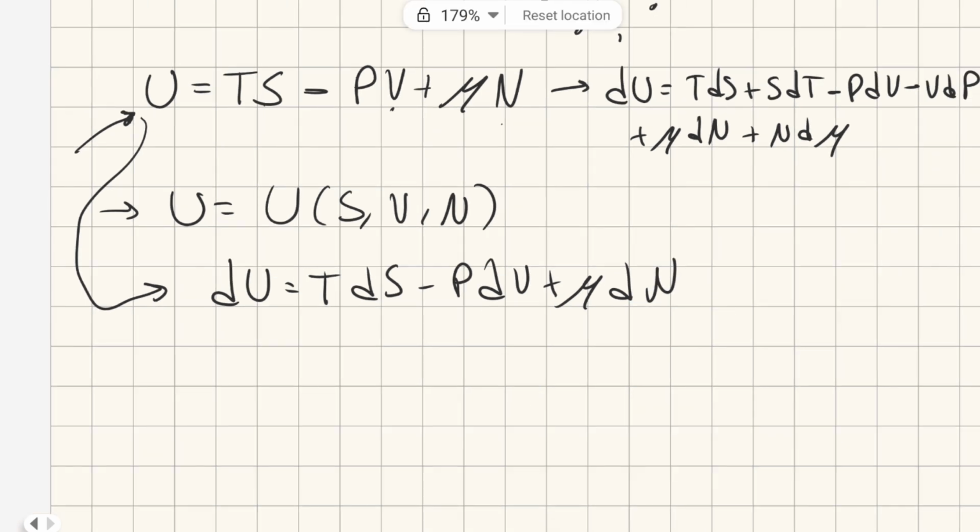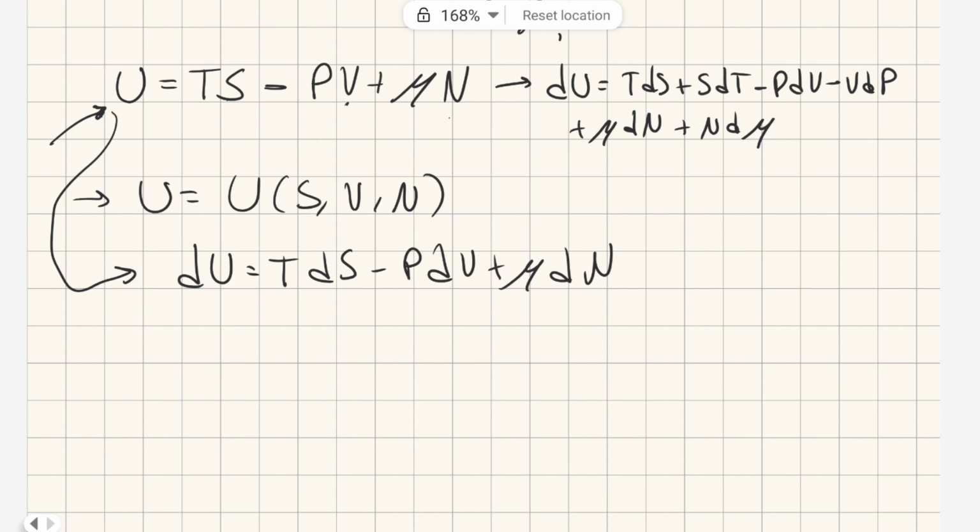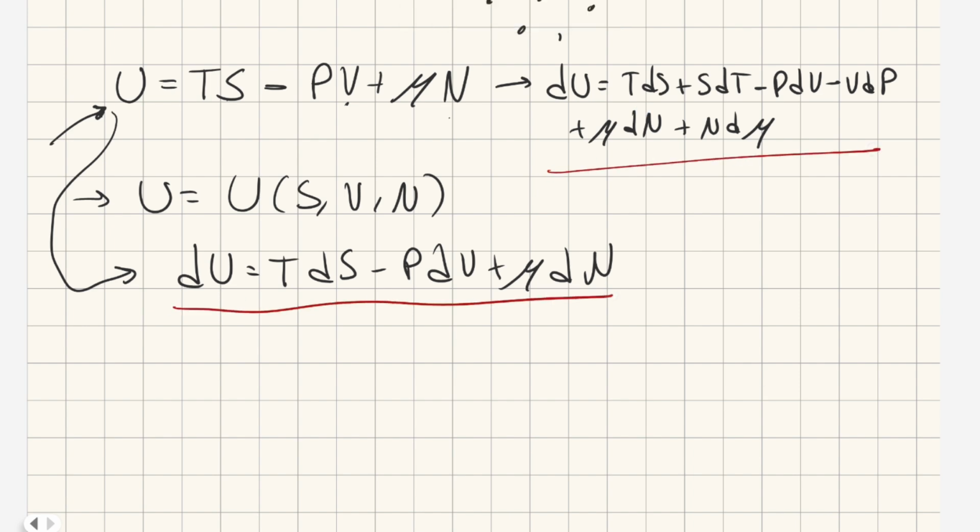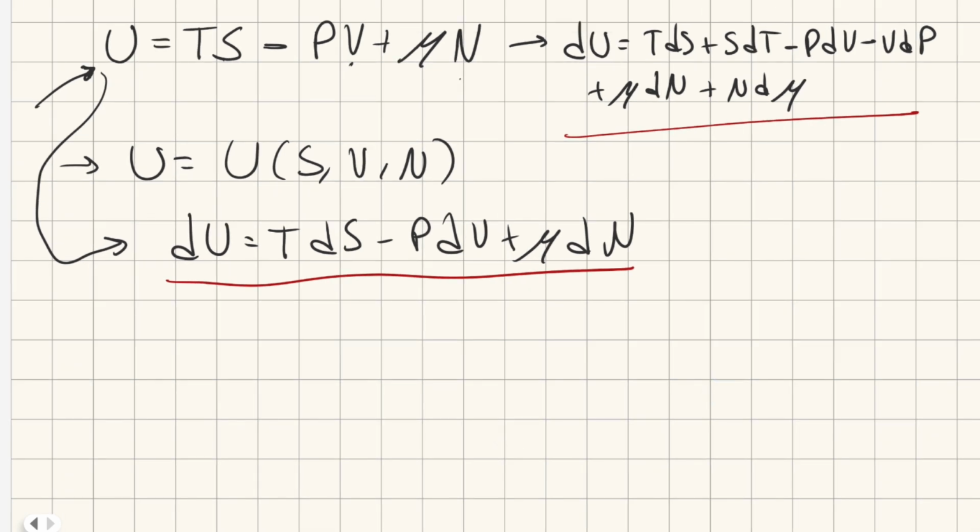Okay, perfect. So if we compare these two equations, they have to be the same, right? Because we are calculating the differential of U. So from here we can take a different result. So what is that going to be?